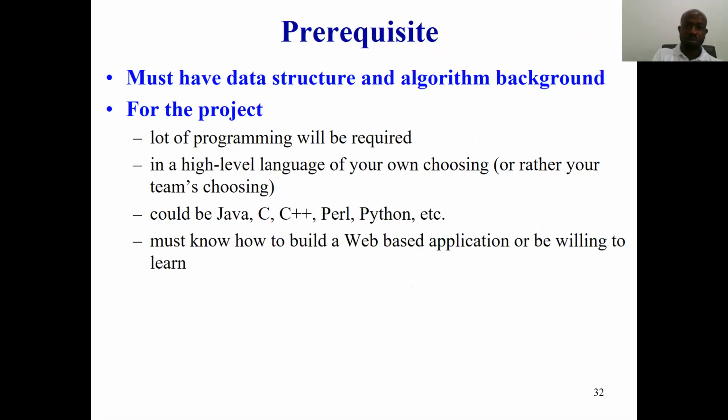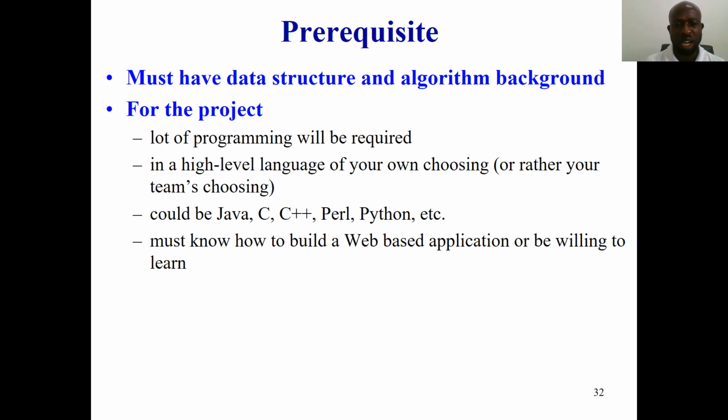So let's look at some of the prerequisites for this particular course. To have a better understanding and also appreciate this particular course, that's database management system, students should have an extensive and also better understanding of Java, C, C++, and also Python programming.